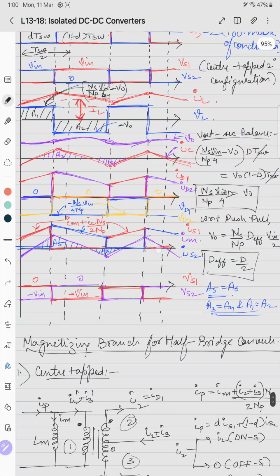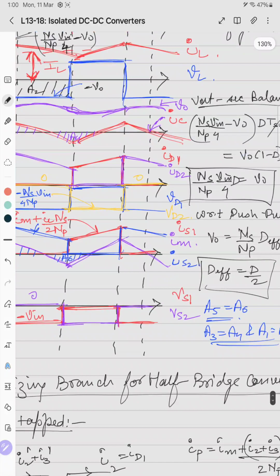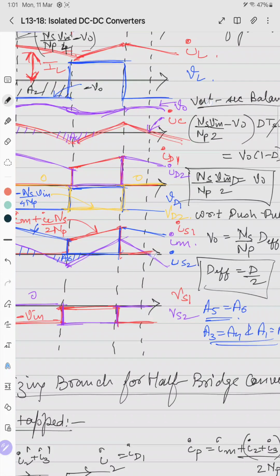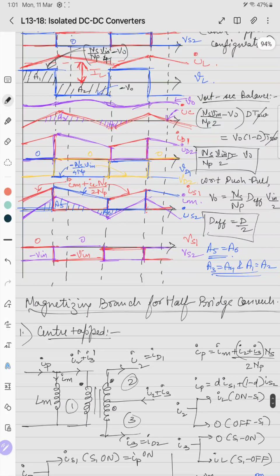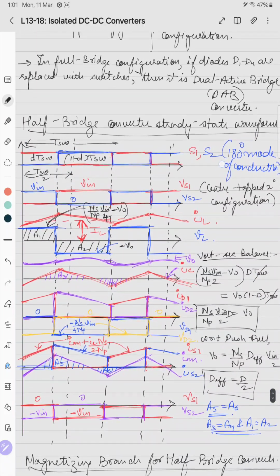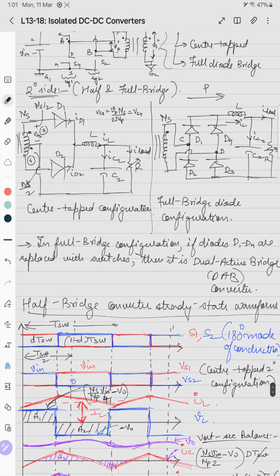Here it should be 2 only, not by 4. It should be 2. Because here we are using the center configuration.